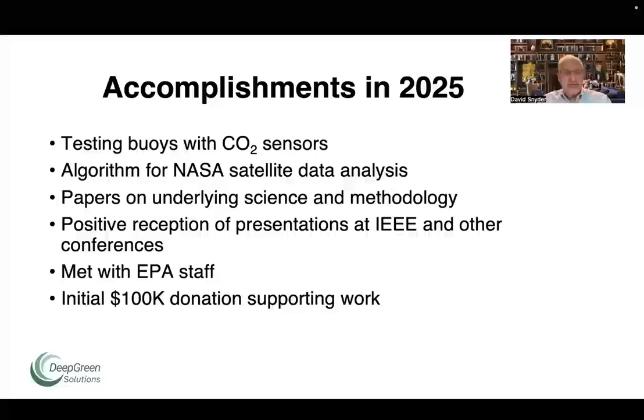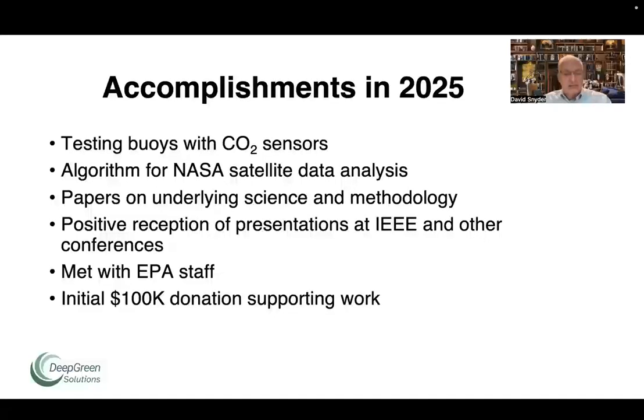We've accomplished a lot this year, including testing the buoys with the CO2 sensors, developing the algorithm for the data analysis of the satellite data, putting together a couple of papers on the science and methodology, some presentations at the Institute of Electrical and Electronic Engineers and other conferences, and we've met with the EPA staff.